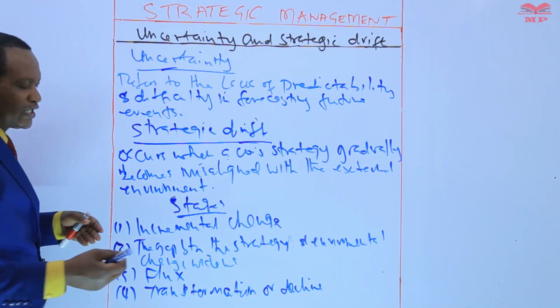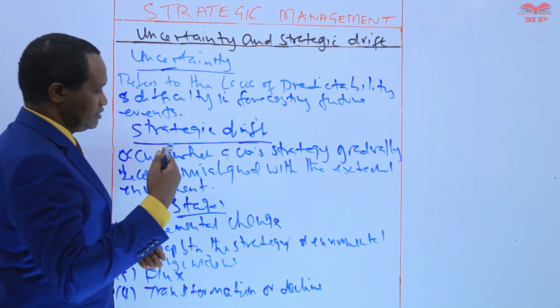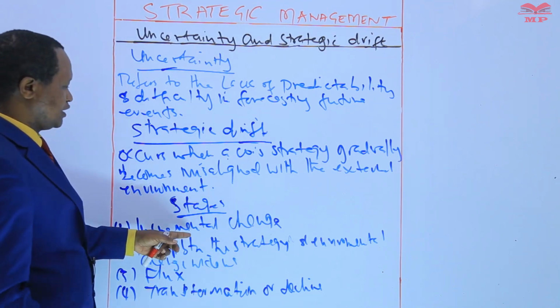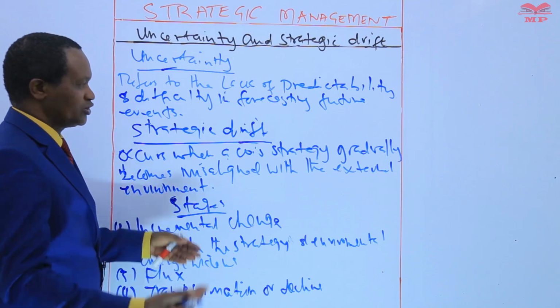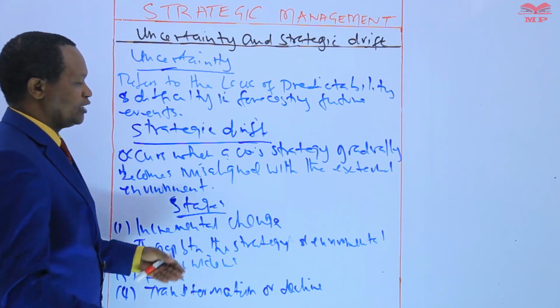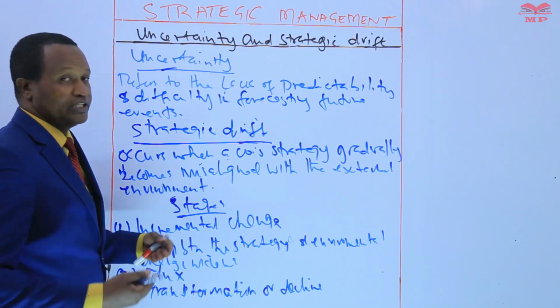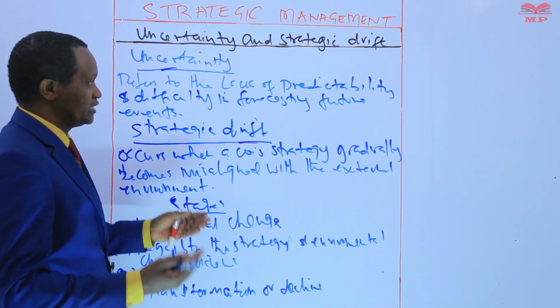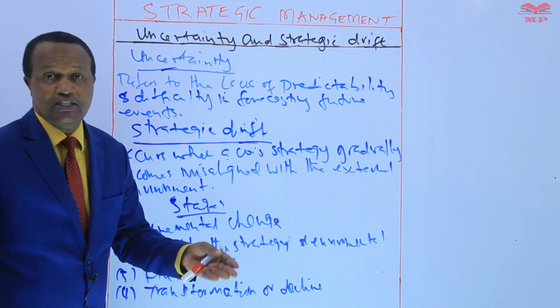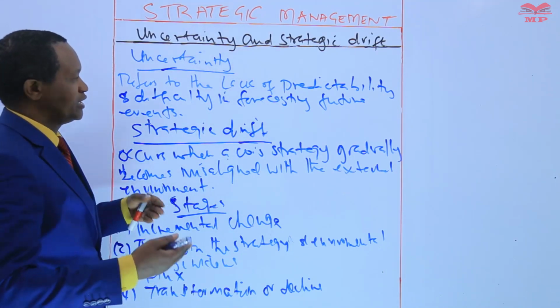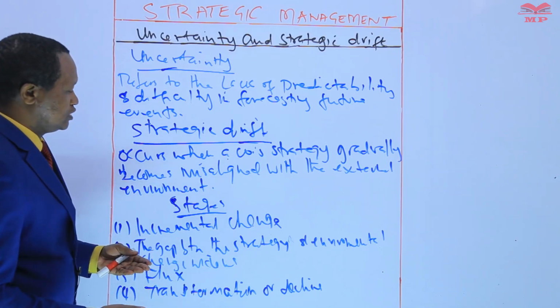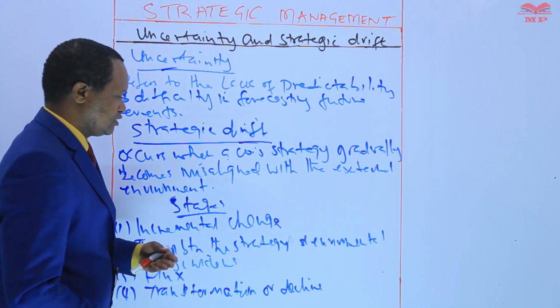So do you understand why companies fail? It's a process because of the incremental change. Organizations are required to keep up with the changes in the environment, both internal and external environment. And that's why you are studying strategic management, so that you can help organizations not to decline or fail.